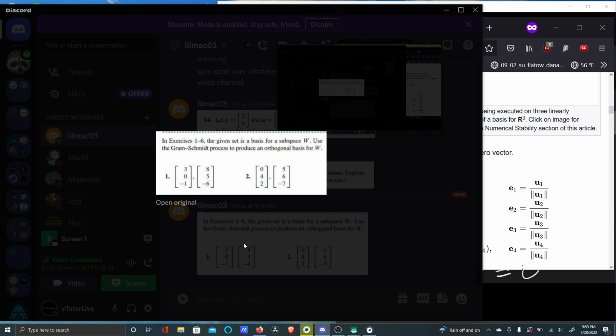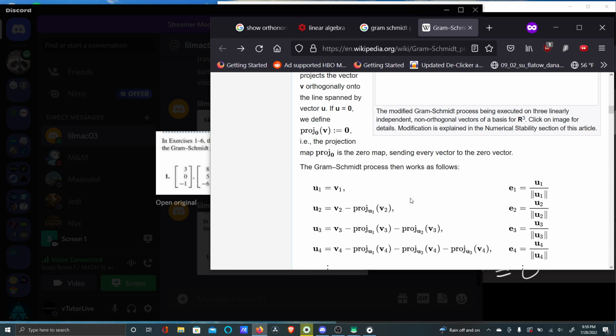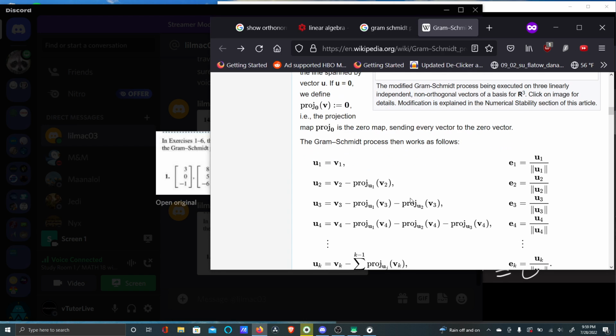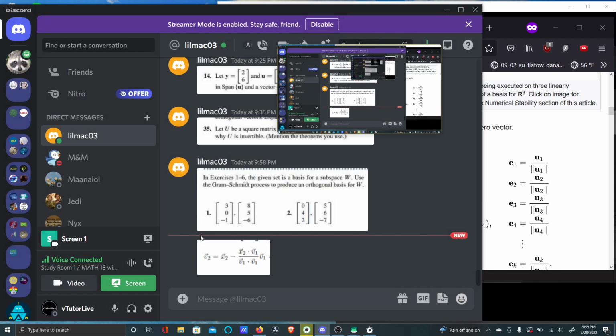Use the Gram-Schmidt process to produce an orthogonal basis. Gotcha. Okay. And then I think we're supposed to use something along the lines of this. Yeah, that's what I did. So this thing over here is basically just the expression for a projection, right?